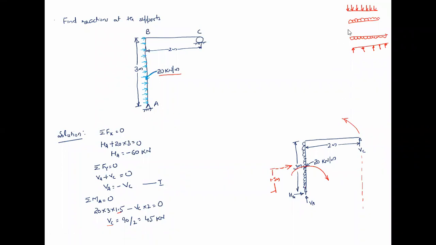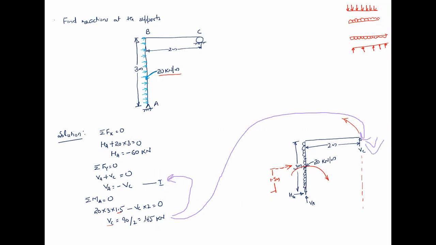So VA will be equal to minus 45, and HA you already know. We cannot reverse the direction of VC. From the moment balance equation we are getting a positive sign, that means our selected direction of VC was correct. So this must be the direction of VC.